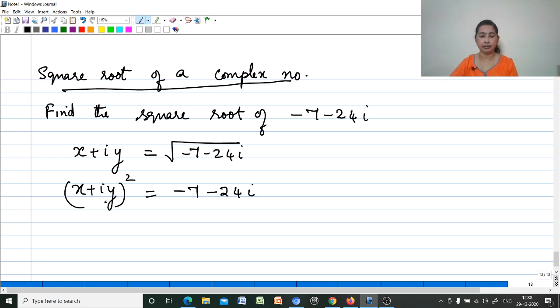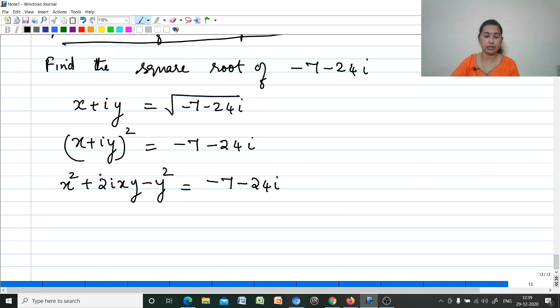Now expanding this, a plus b whole square: x square plus 2i into x into y plus (iy) whole square, which is i square y square, that is minus y square, equal to minus 7 minus 24i.